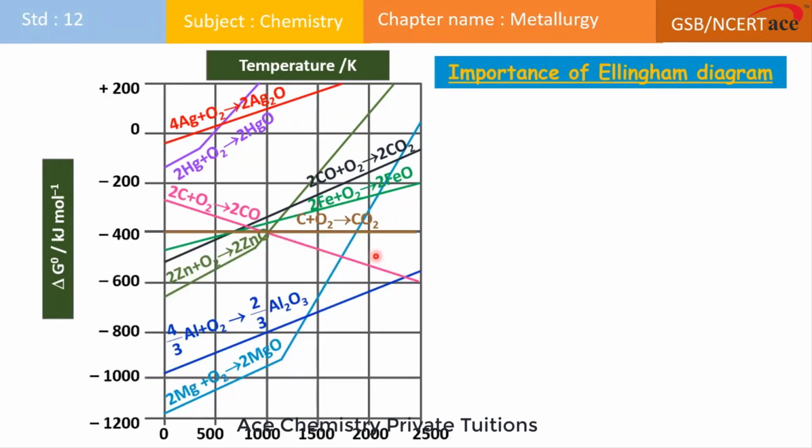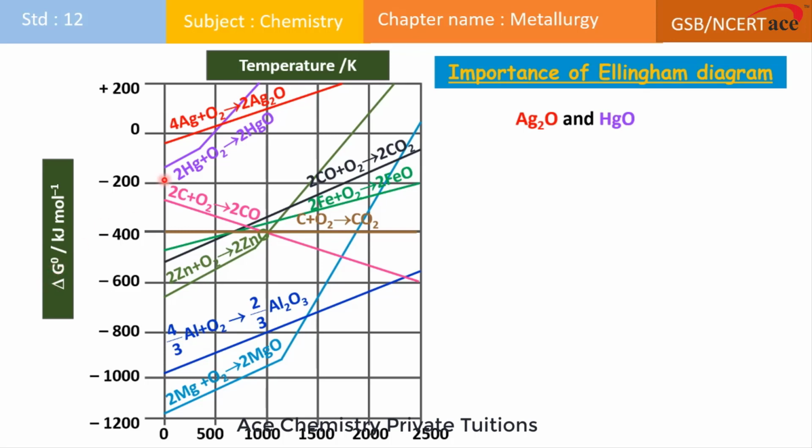Some importance of the Ellingham diagram. Ellingham diagram helps us to decide the reducing agent for reduction of any element oxides. In case of, students, silver oxide and the mercuric oxide. Now let us check the position of the silver oxide and the mercuric oxide. If you will check the value of the delta G naught, then it is positive.